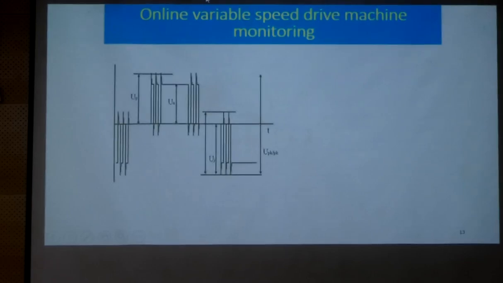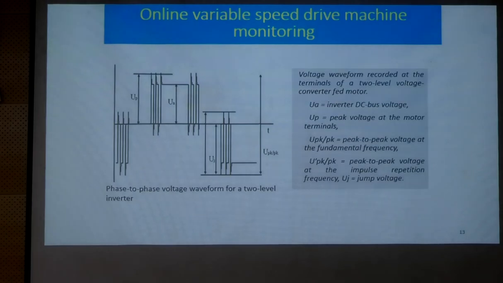Typical phase to phase voltage waveforms for a two level inverter. UP is the peak voltage at the motor terminal, and U pk-pk is the peak to peak voltage at fundamental frequency.